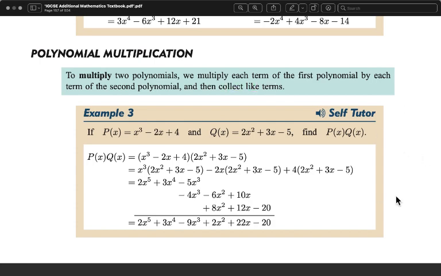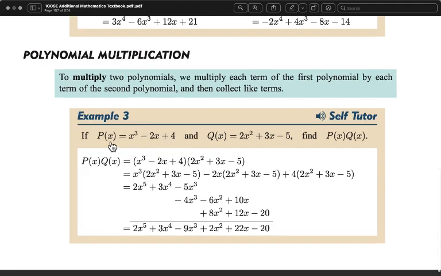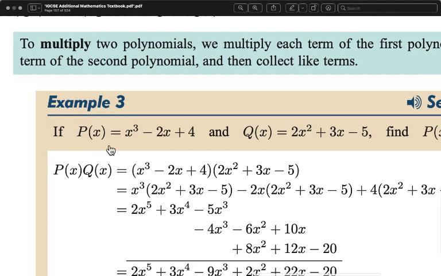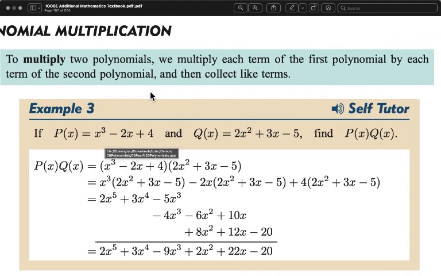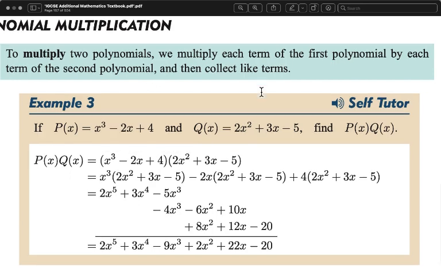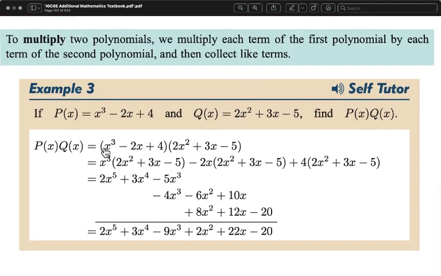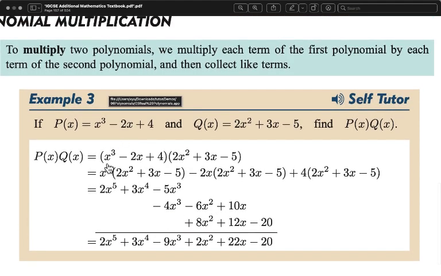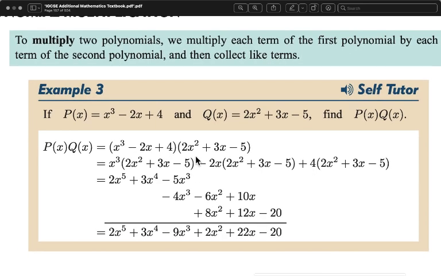For example, p(x) equals x cubed minus 2x plus 4, q(x) equals 2x squared plus 3x minus 5. How do we multiply them together? First of all, you create two parentheses to separate them, and then you take each single term in the first parentheses and multiply it with every term in the second.